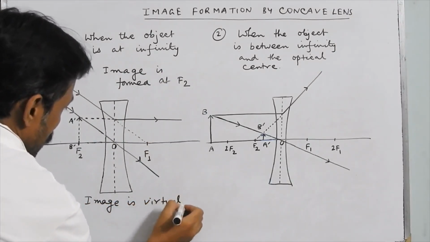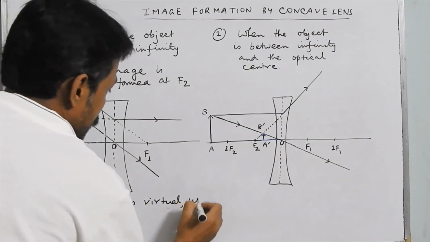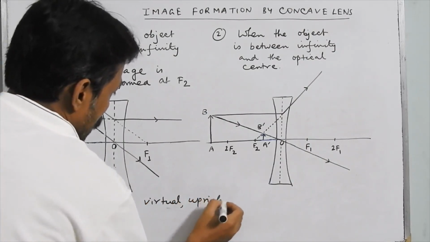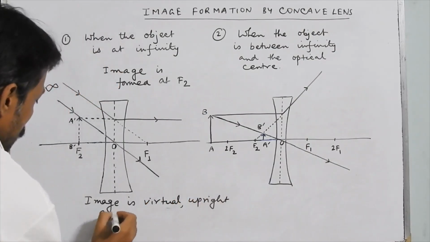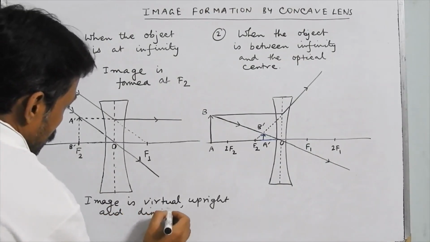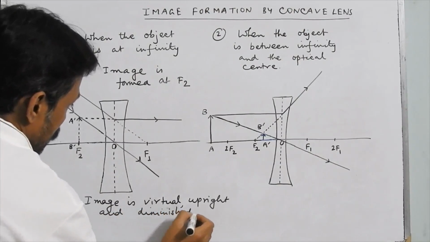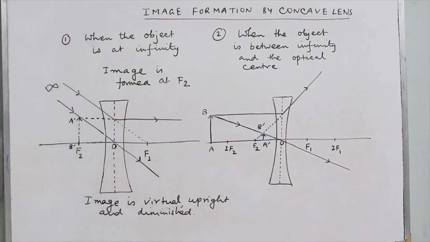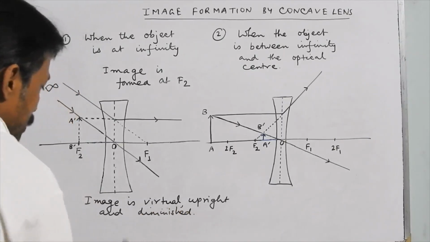Virtual images are always upright or erect, and it is diminished. You can say it is highly diminished also, because it is too much diminished. So it is better to say it is highly diminished.